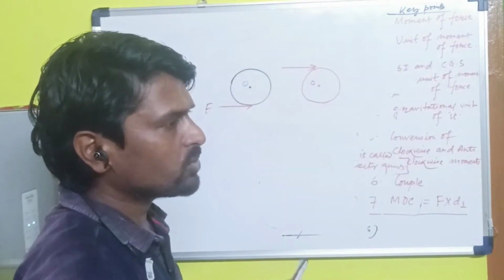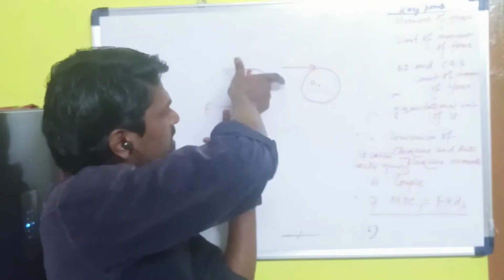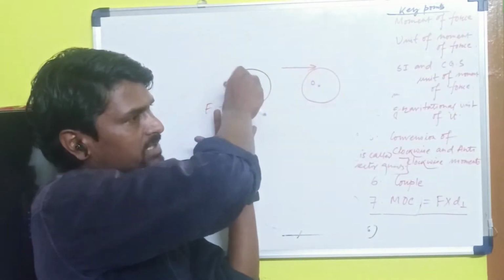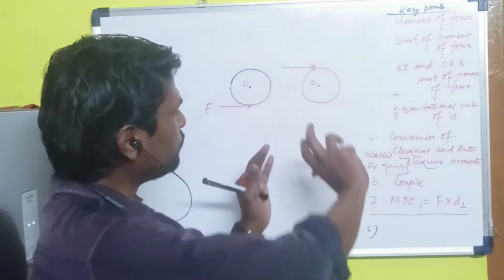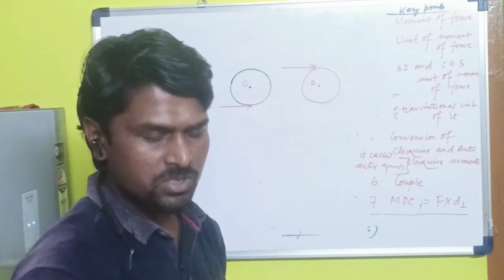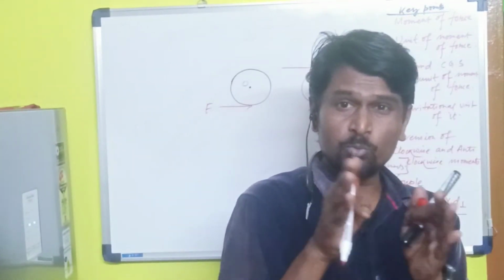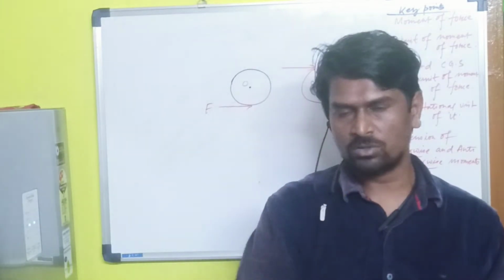Think about your bottle cap. If we turn along this direction, then the cap moves upward, and if we turn along the other direction, then the cap goes downward. So these are the two conventions, and it is clear from your bottle cap.